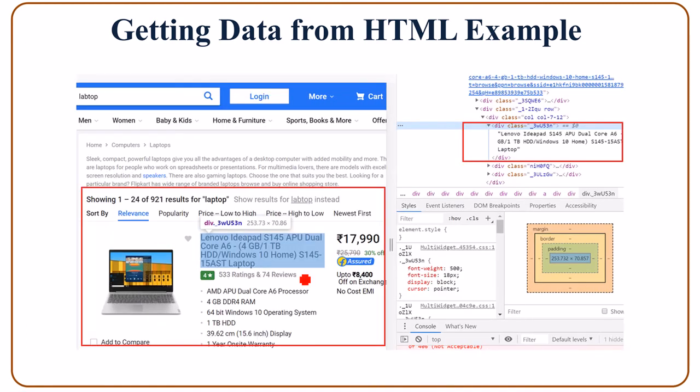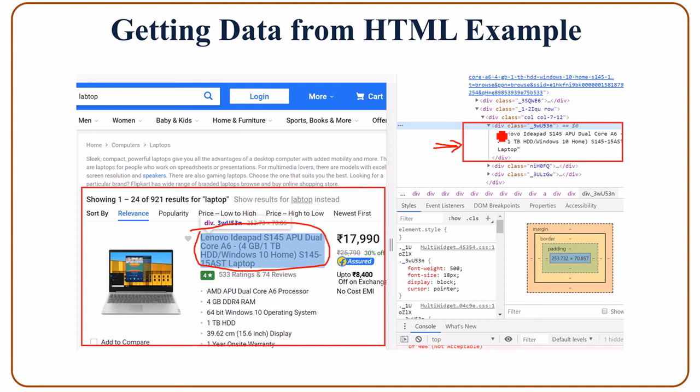Now here, after you click the description of the product, the right side shows exactly the path of the source code that defines that description.